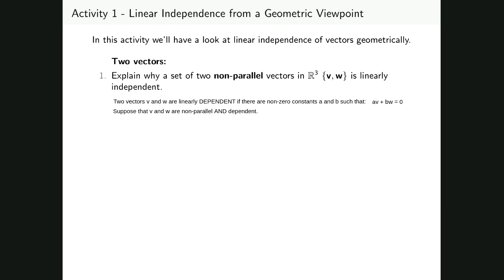So what we can do is take this relationship and say that they add up to 0. This will then give us that one vector can be stretched to obtain the other vector, right? We can say Av is negative Bw.